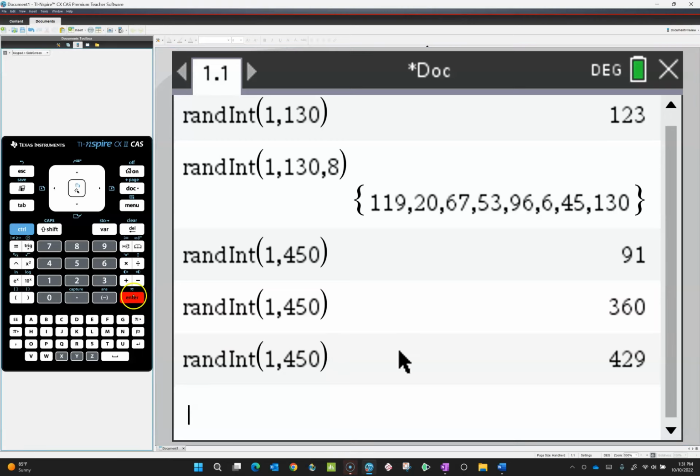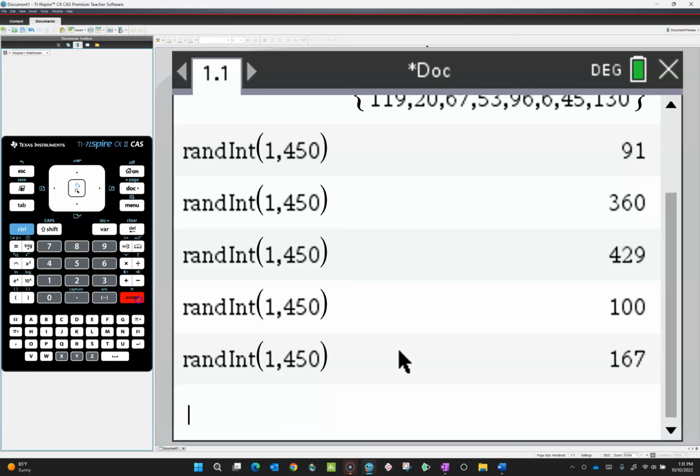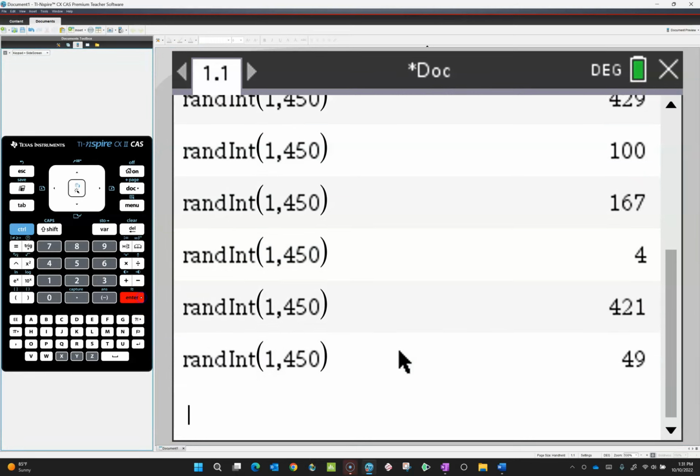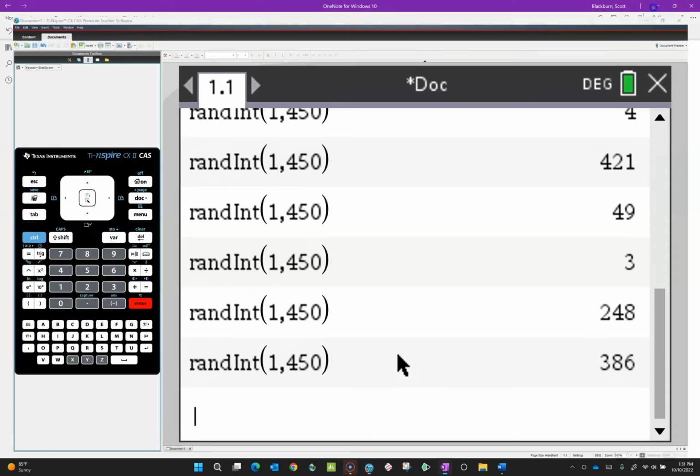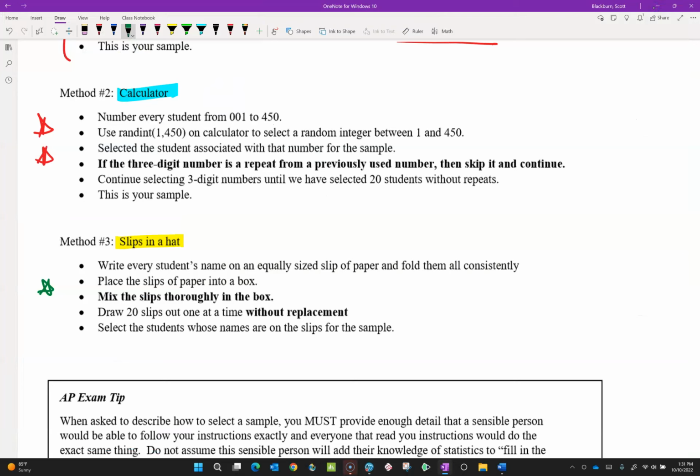But I still could get a repeat. Doesn't look like I got any repeats yet, but we're selecting 20, and you can get repeats here. So, if the number is a repeat from a previously used number, skip it and continue. Continue selecting numbers until we have 20 students without repeats.